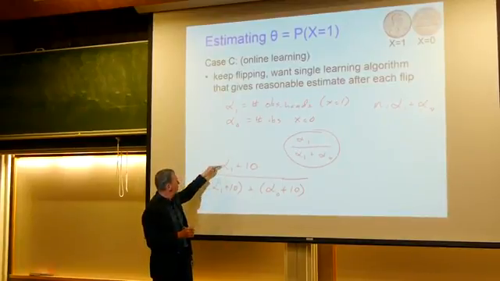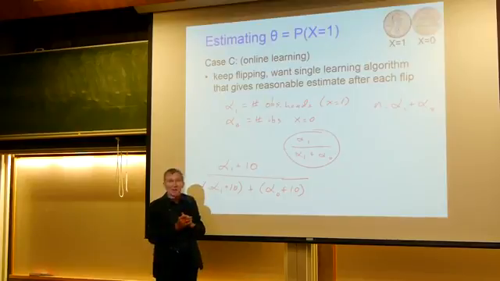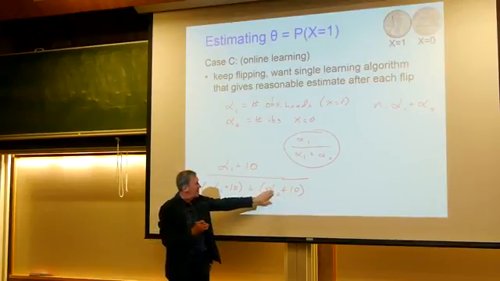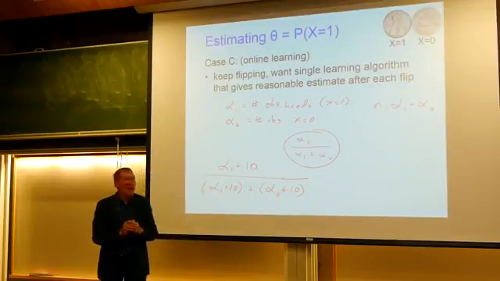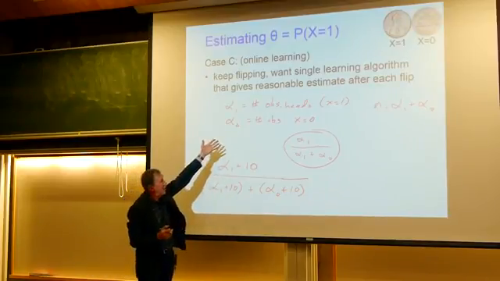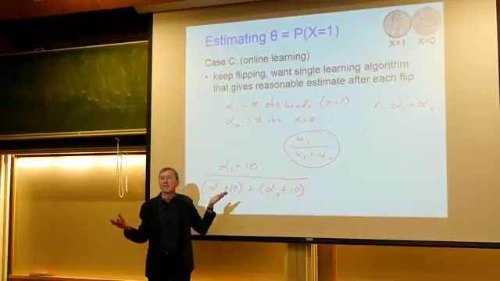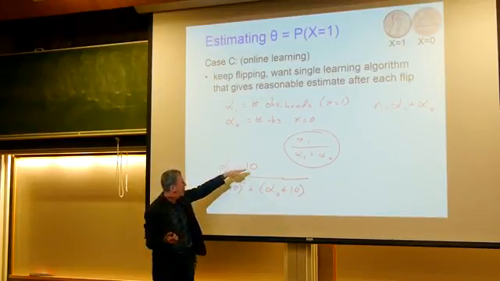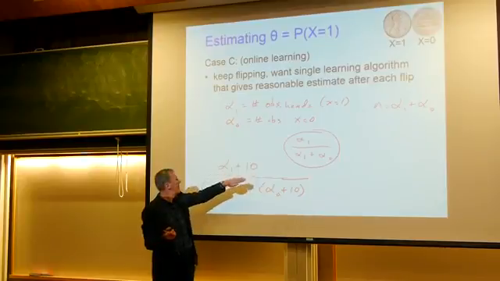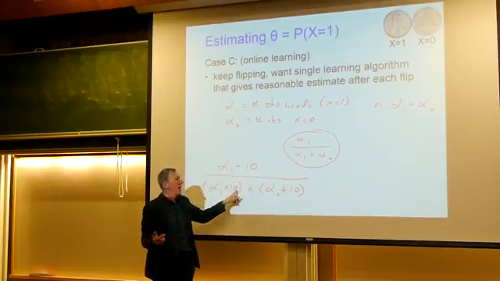And so even though I observe only alpha 1, I'm going to pretend it's alpha 1 plus 10 heads that I observed. And even though I only observe alpha 0 tails, I'm going to pretend it's alpha 0 plus 10 tails. And now when I have 0 coin flips, this ratio is 0.5. That's my estimate. When I have 1 coin flip, then it's either going to be 11 over 21 or 10 over 21. When I have 100 million coin flips, it's not really going to matter that I'm adding in 10.